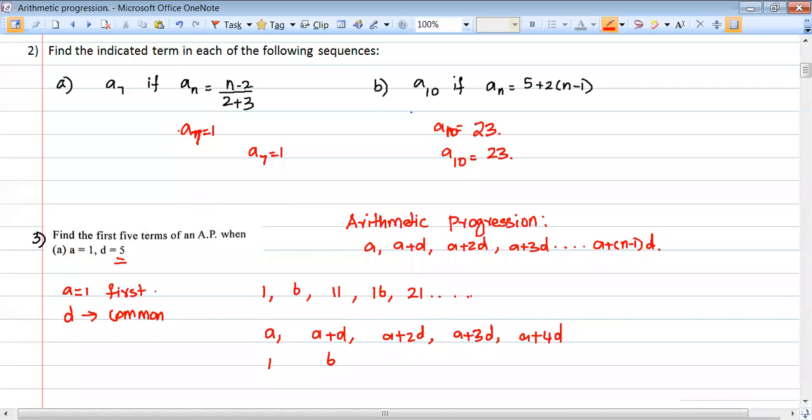The next term is definitely 6 plus 5, because 2 times D we have to add. So we get 6 plus 5, 11. Then 11 plus 5, 16, because the common difference should be the same, no? 5, 5, 5. Then very simple, 16 plus 5 is equal to 21. Are you all clear? Now you can start question number 4.